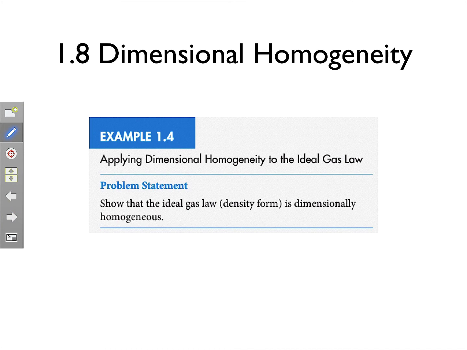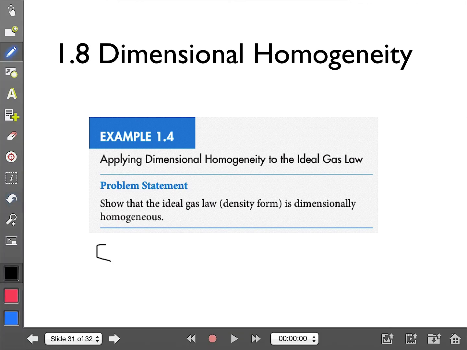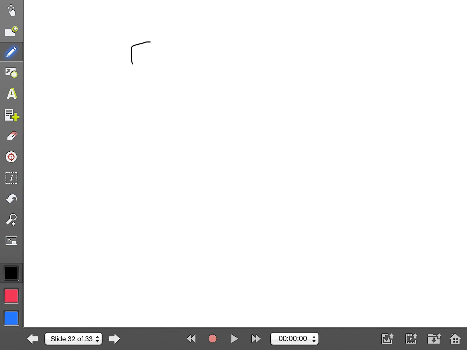So let's take the ideal gas law. Remember what I said in class, that when we're looking at the units of something, we put it in square brackets. So let me just start this over again. The form of the ideal gas law that we're going to use is the density form. Okay, and I'll start a new sheet of paper and let's just take the first side of that.